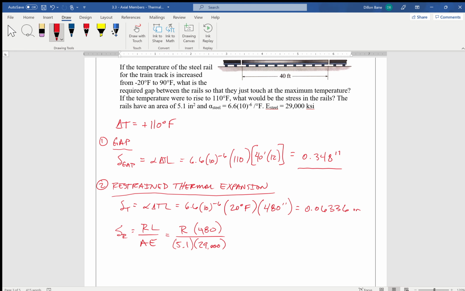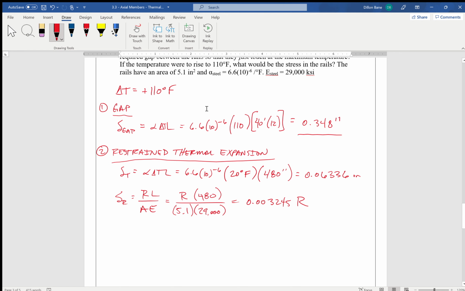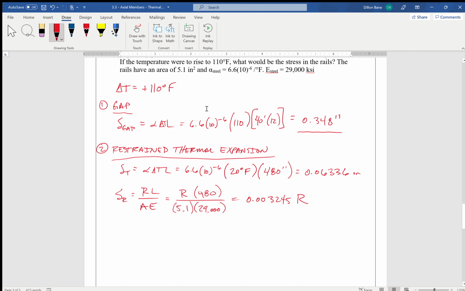So that means our reaction will come out in kips. If I do this math, we have 480 divided by 5.1 divided by 29,000. We get 0.003245 times R. And if R is in kips, our units will work out.